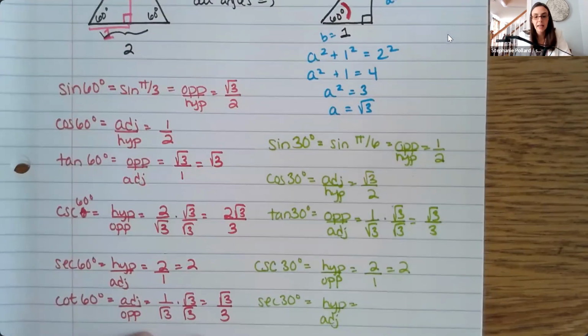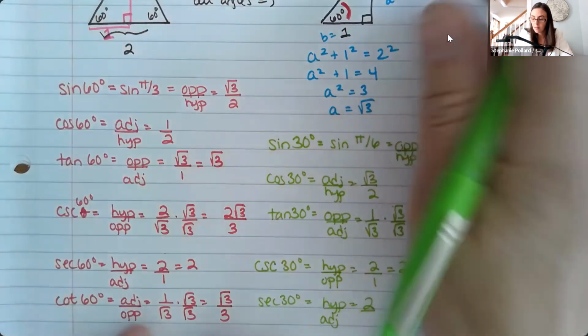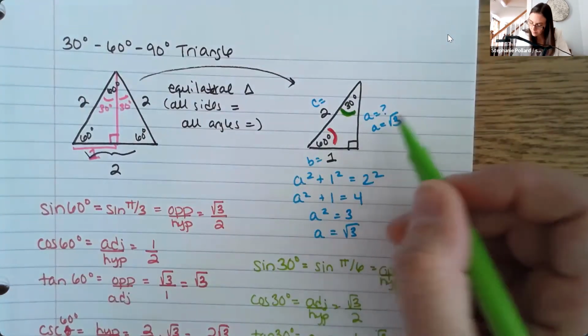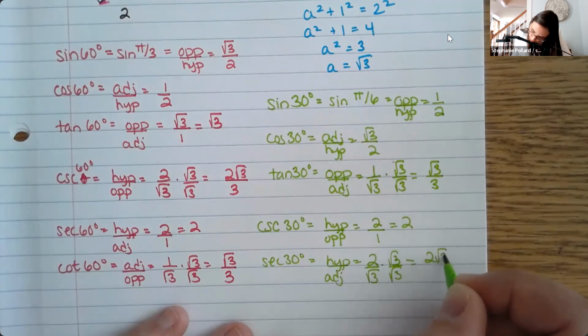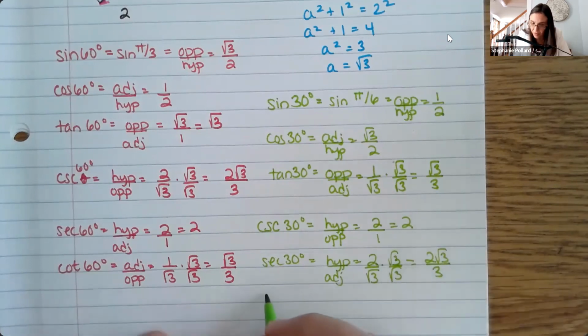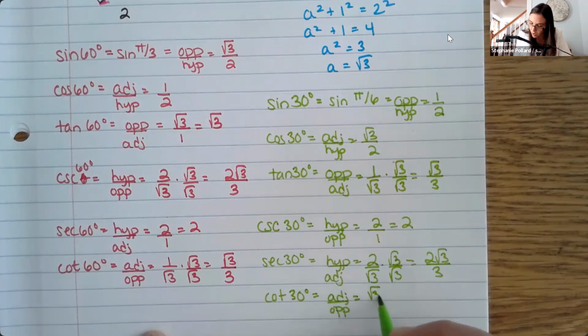For my secant, my hypotenuse is 2, but my adjacent is this one here. It's the root 3. So 2 root 3 over 3. And finally, my cotangent, adjacent over opposite. So my adjacent in this case is root 3. My opposite is 1.